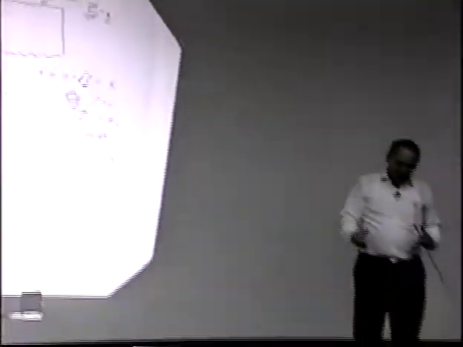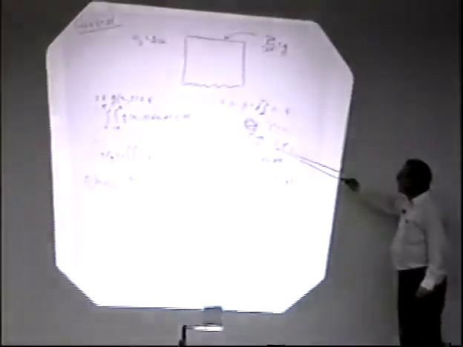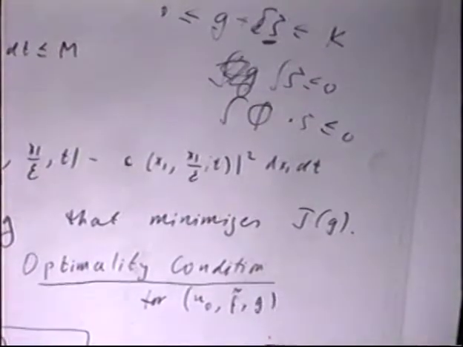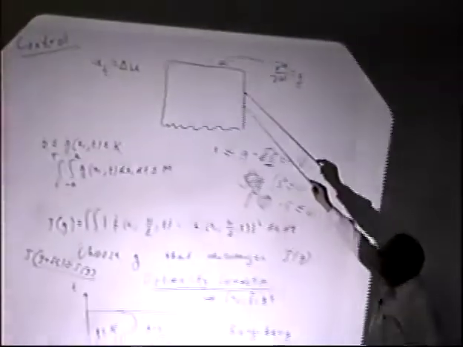But then you have to do all kinds of integration by parts or things like this, and eventually you get some kind of inequality less or equal to 0, where this phi depends on U0, depends on F tilde, depends on G, and you have to solve some system of equations. For that system there is a certain function on the boundary, and that function is phi, and phi dot zeta is less or equal to 0 for every zeta.